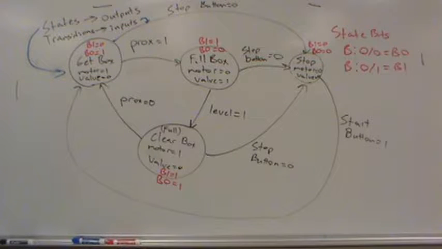Now if I go into the silo simulator, it appears that the inputs of interest, there are actually 3. There's the proc sensor, there's the level sensor, and then we also decided to put actually there's more than that, there's the start and the stop button.